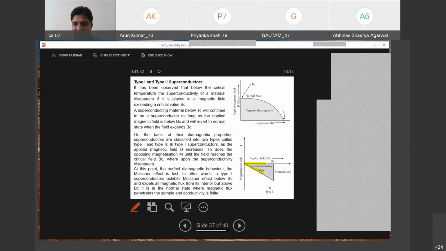Suppose the applied magnetic field is up to here. See the yellow lines. Here you have a decrease in magnetization, and this decrease goes on until you reach the critical magnetic field. At this point you have the lowest magnetization, the largest decrease in magnetization.